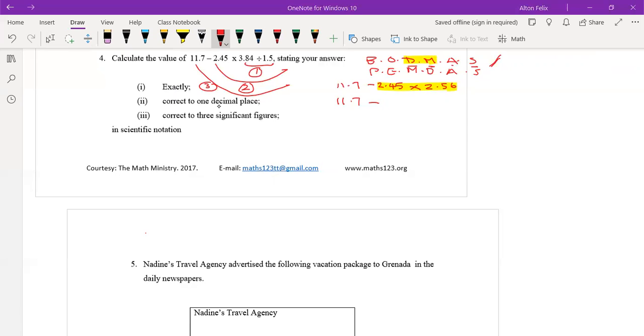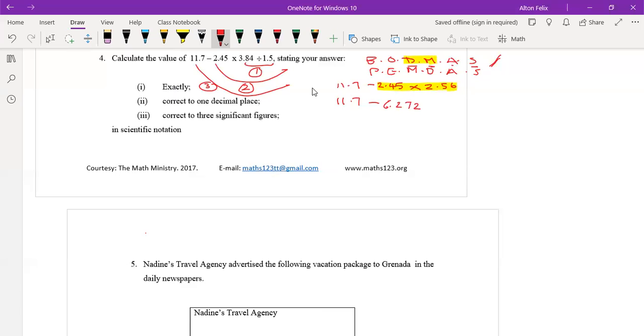Right, 6.272. Now, just to be certain, remember I said if you had performed the other order, let me write that in first. 6.272.